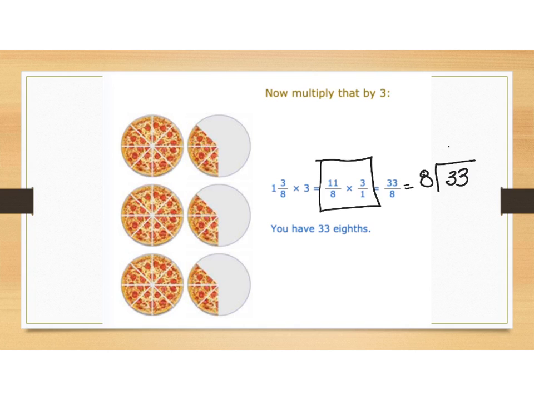Can you take a group of 8 out of 3? No, you cannot. So you must place a 0 above it. Well, how many groups of 8 can you take out of 33? Okay, so look at your pizza. You can take 1 full group, 2 full groups, 3 full groups, and then you need 8 pieces of pizza to make up another full group. So you have 3 here and 3 here.